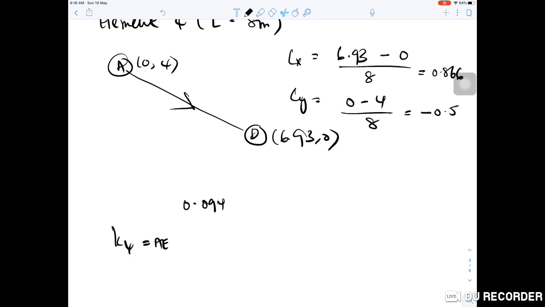This is times AE. Then Cx Cy, 0.866 times 0.5 divided by 8, which is 0.054. We calculate these values using the formula given in the appendix.